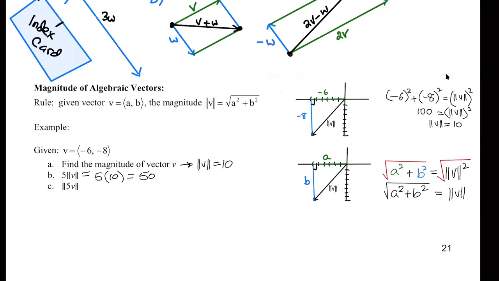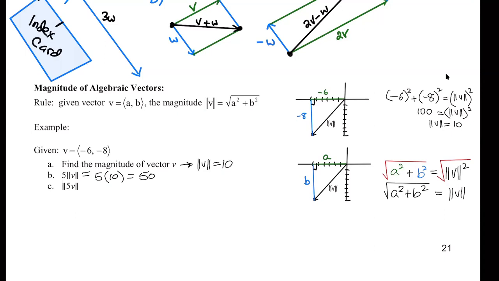So what we're getting out of this is, if we have a vector, -6, -8, all right? So we have a visual representation of that. If we find that magnitude and then just multiply it by 5, what do we get? We get 50. Now, the other possibility is maybe we multiply the vector itself by a scalar multiplier of 5.